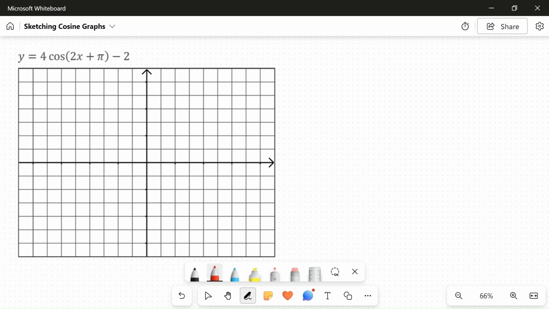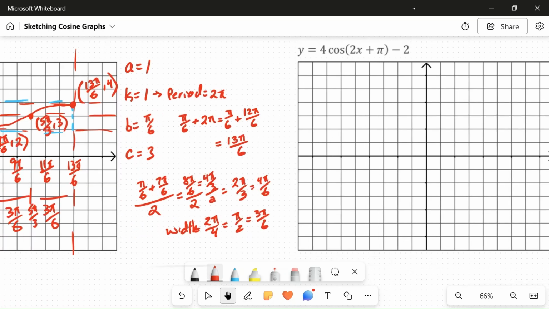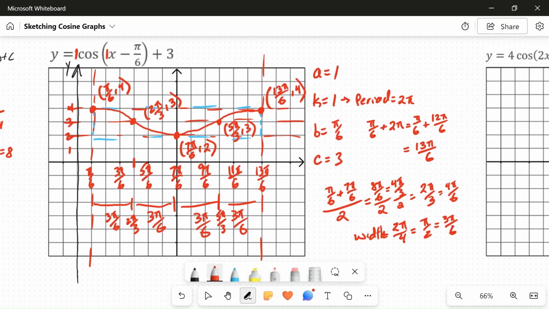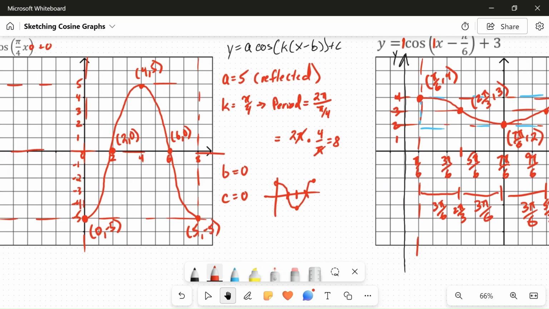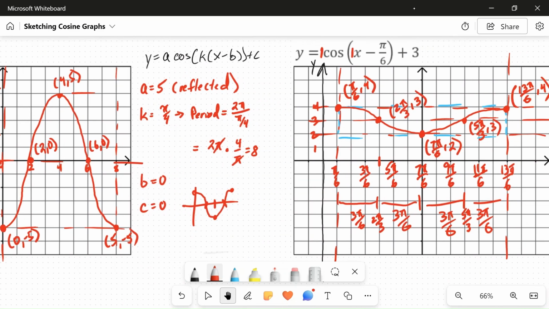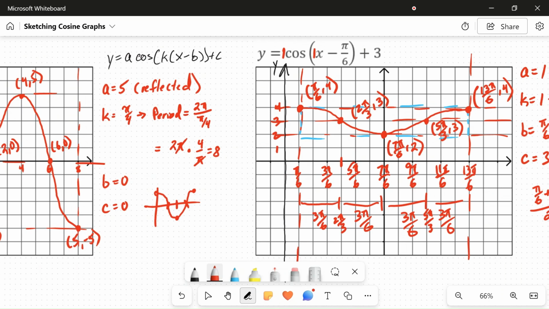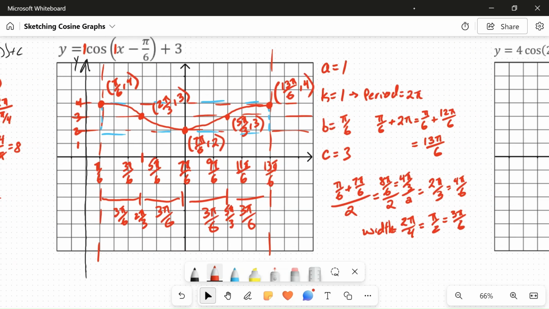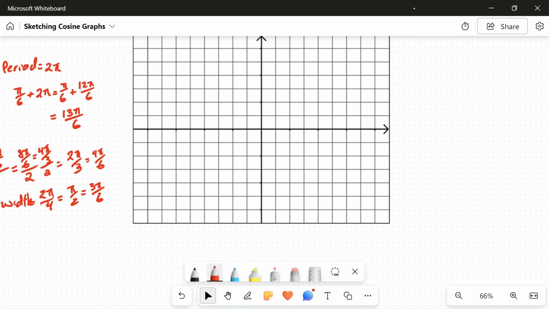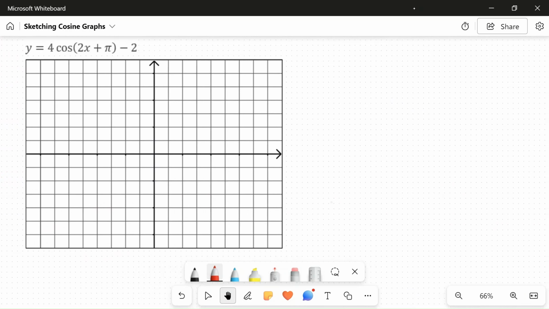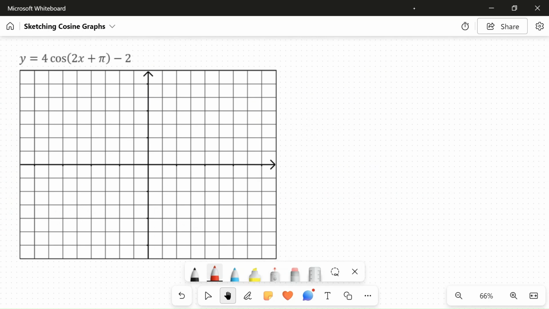There is a 2 in front of the x. If we look at the general formula, notice the k value has to be factored away from the x. So I'm going to have to do a little bit of algebra on this one first before we can actually work with it.